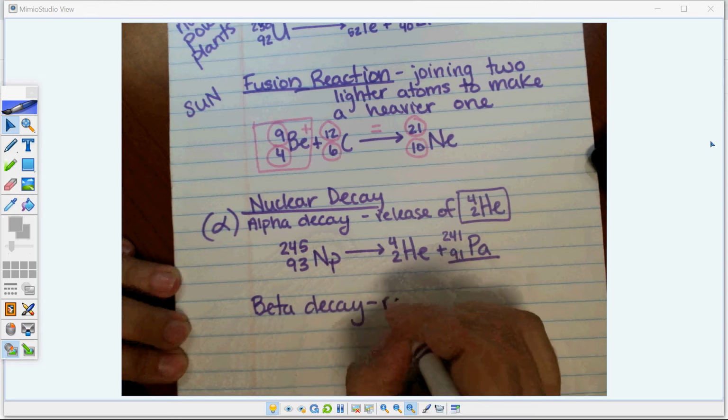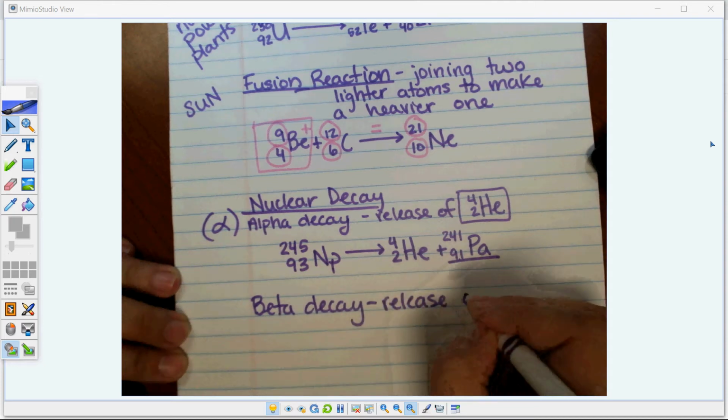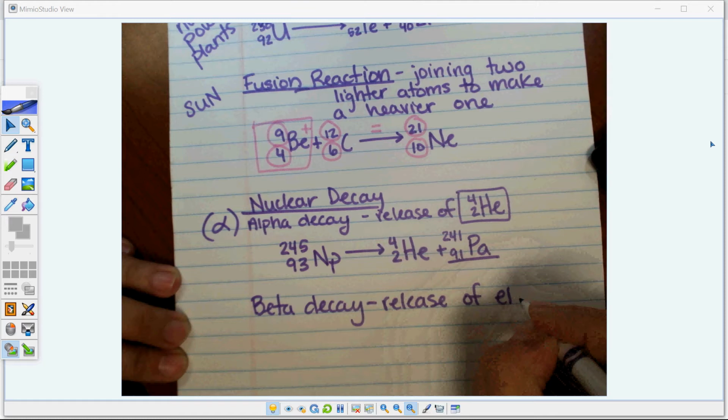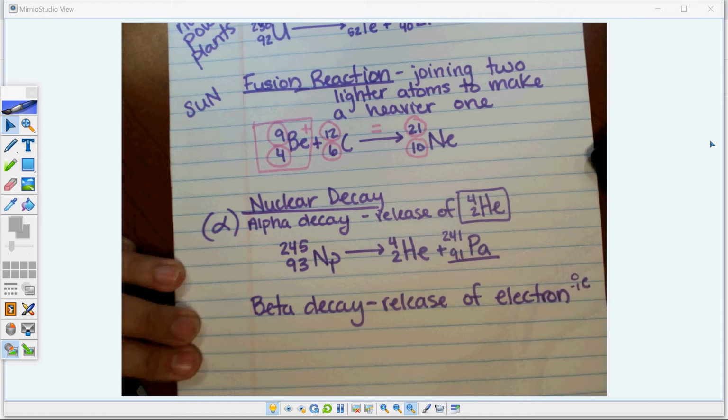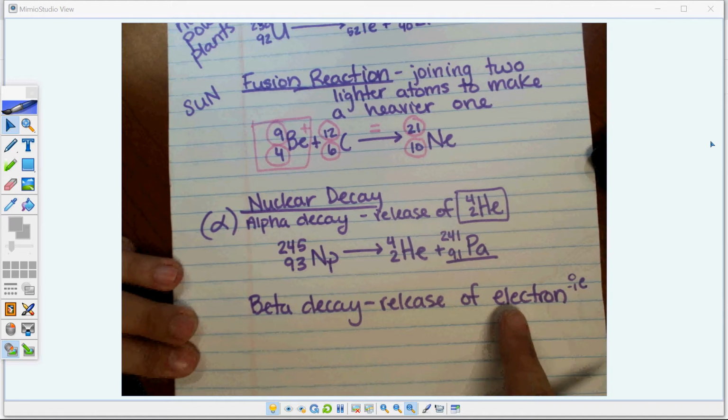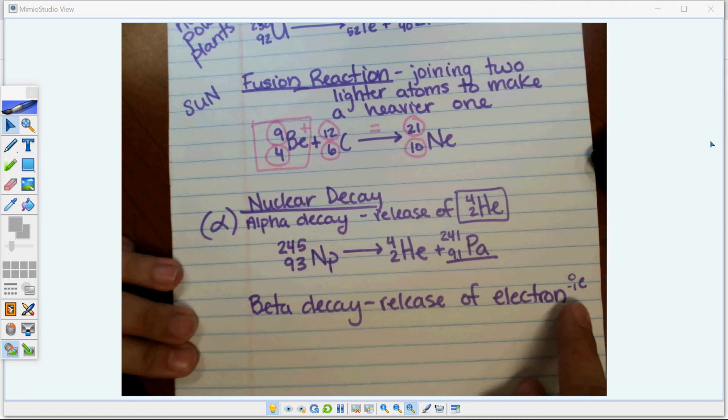And that's when we see the release of an electron. And the way we represent the electron is by doing a 0, a -1, and an E, because this -1 actually causes our number of protons to change. And the reason for that is this electron that gets released actually comes from a neutron.